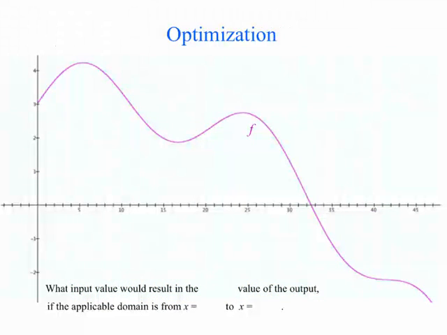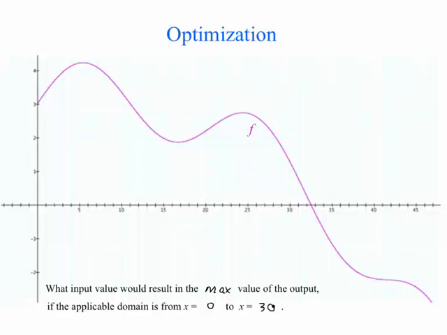Okay, so let's try some just visual examples here. We'll start with max. What input value would result in the max value of output if the applicable domain is, say, from 0 to 30? Can you read the numbers on the axes?